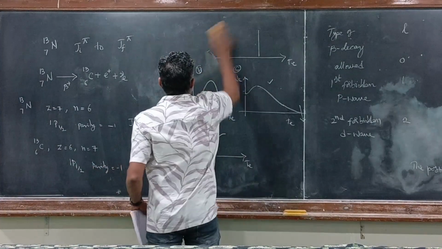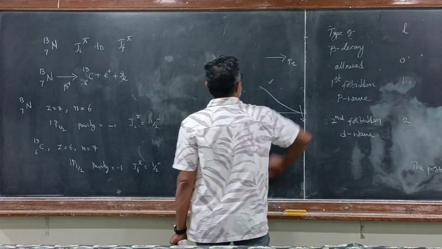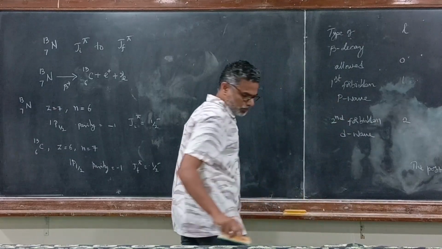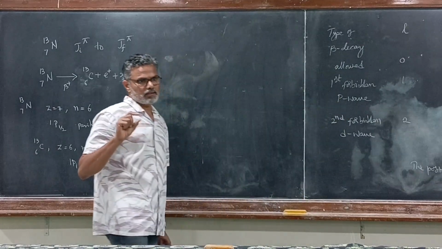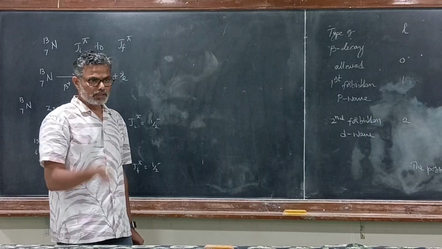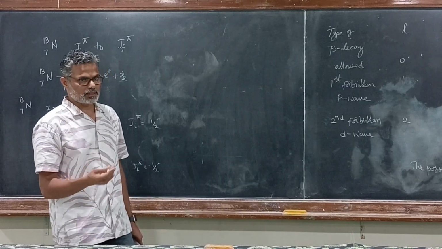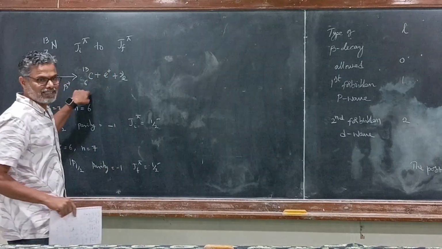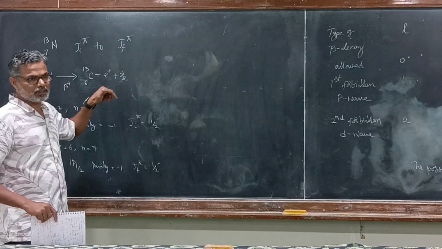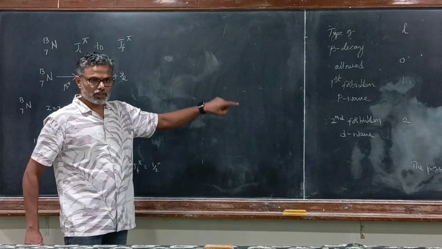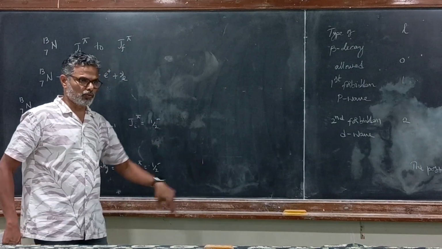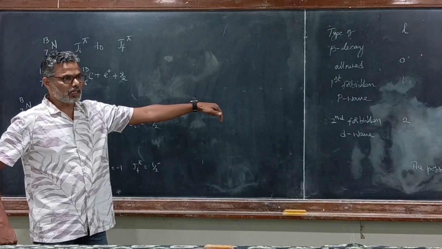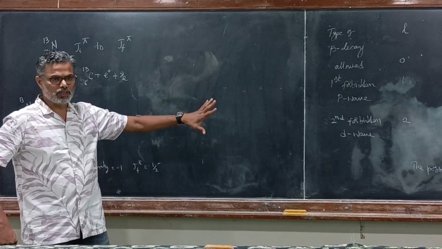What we discussed in the beta decay process, where the Z number increases or decreases, there are allowed, first forbidden, second forbidden, third, fourth, and so on. The change in delta J and the parity, how it changes.